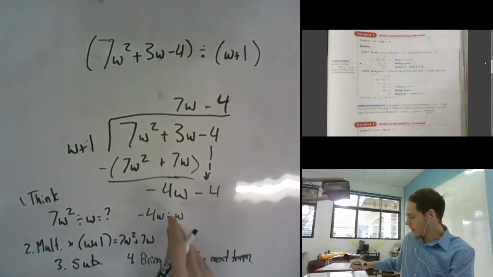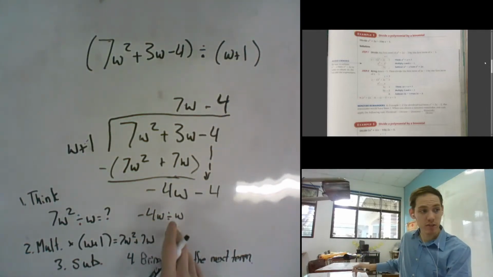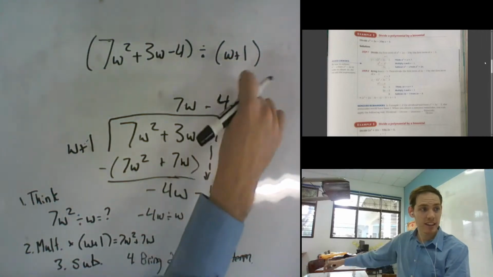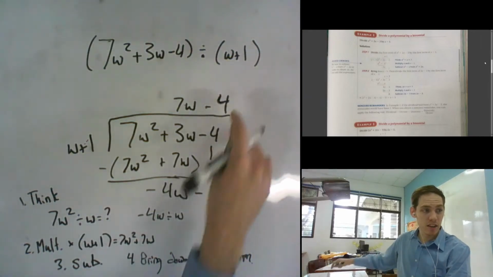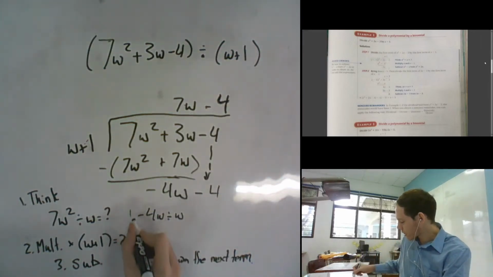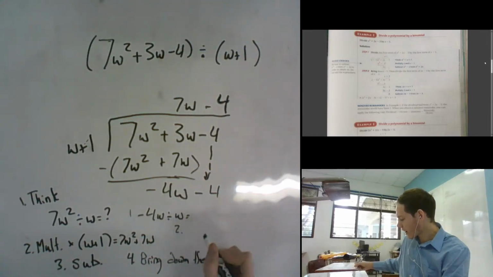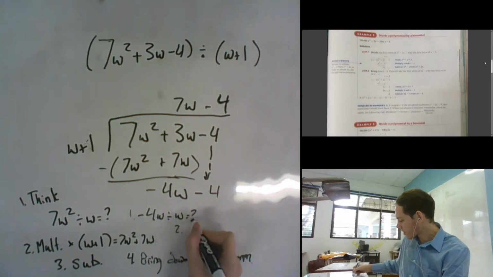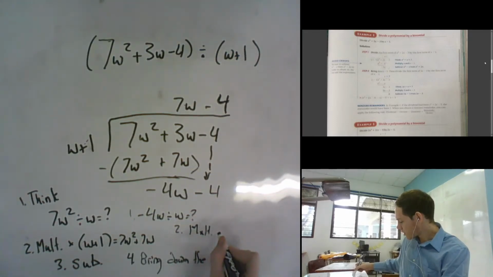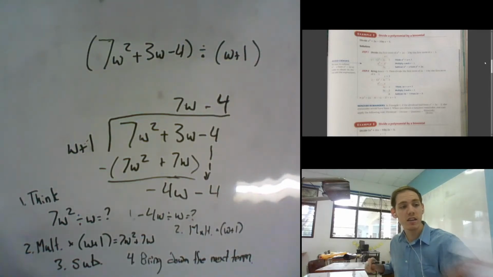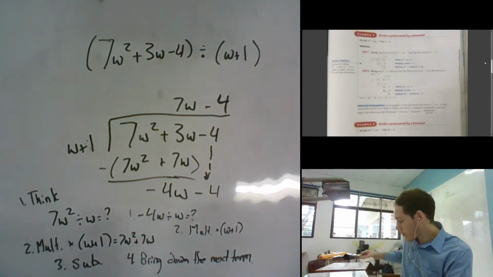Okay, so we think negative 4w divided by w. We write that number at the top. Then, after step 1, step 2 is multiply. We're going to multiply our answer, whatever our answer is, times w plus 1.